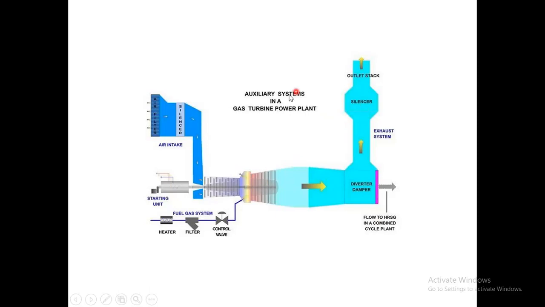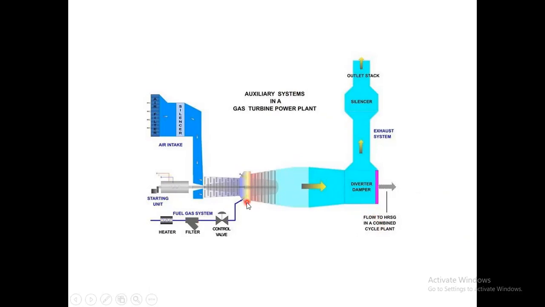Auxiliary systems in the gas turbine power plant system: you can see the exhaust system gets the hot gases from the outlet stack, and the diverter damper is also placed there. The flow to the HRSG in a combined cycle plant is placed here.